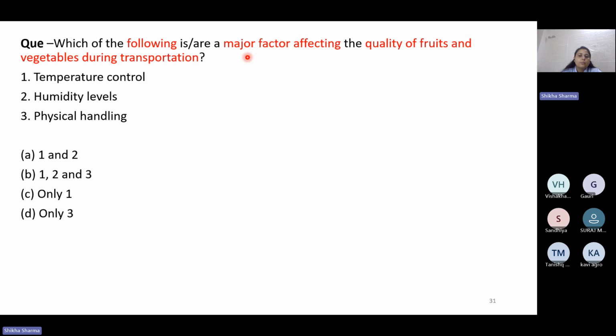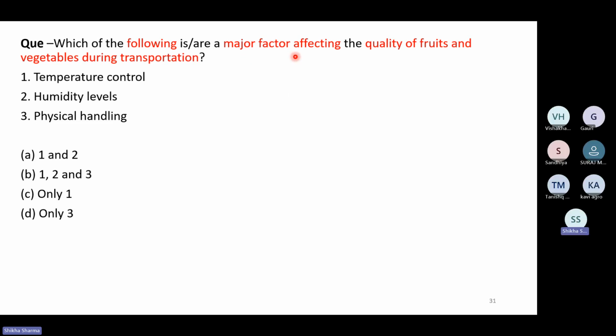So we should tell which is the major factor that affects quality of fruits and vegetables during transportation: temperature, control of humidity levels, and physical handling.